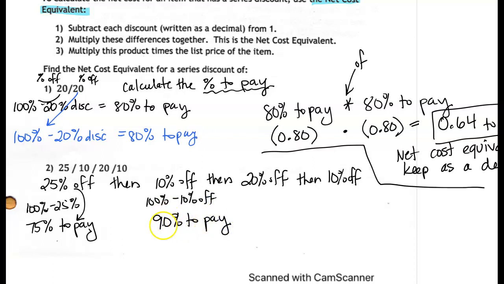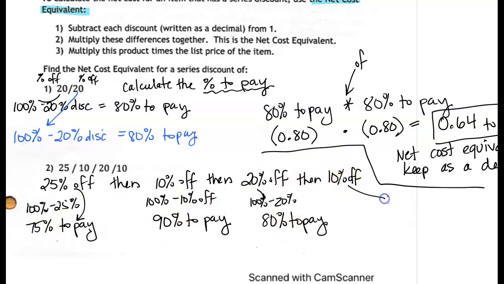So remember, we're doing 90% of the 75% amount. Then the 20% off is going to give us 80% to pay. And again, that's 80% of the 90% you had here, of the 75%.